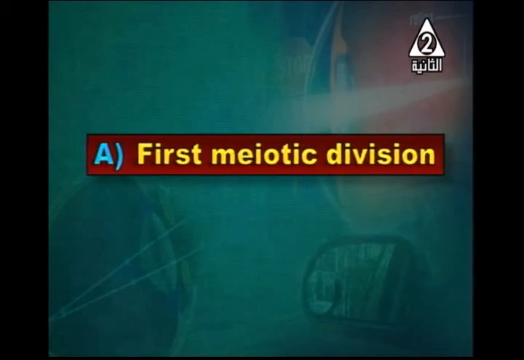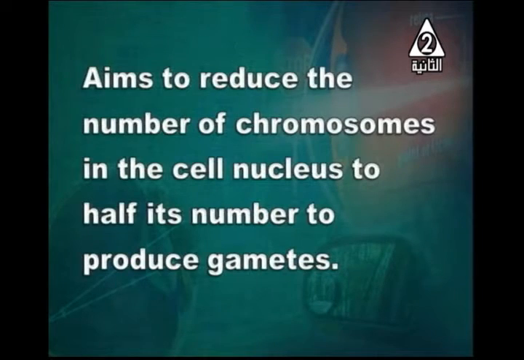Firstly, we will talk about the first meiotic division. What is the aim of the first meiotic division? The first meiotic division aims to reduce the number of chromosomes in the cell nucleus to half its number to produce the gametes.